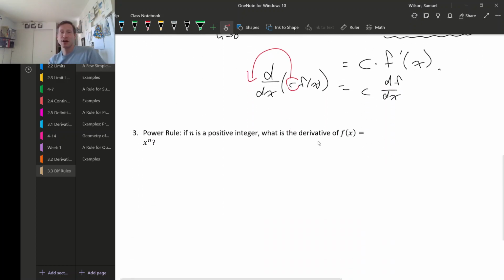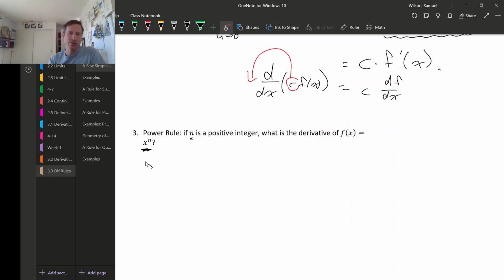How about a derivative rule for the x to the n function? In particular, let's come up with a derivative rule for the derivative of x to the n if n is a positive integer. So if n is a negative integer or not an integer at all, the argument that we're about to come up with won't work.